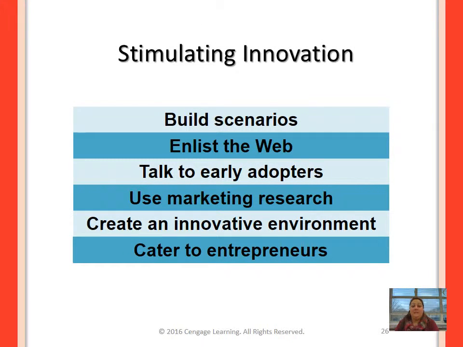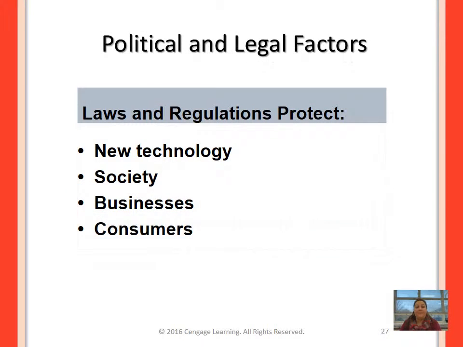Companies attempting to innovate often limit their searches to areas they are already familiar with, as you see here. Business needs government regulations to protect new innovation for new technology and the interests of society in general.